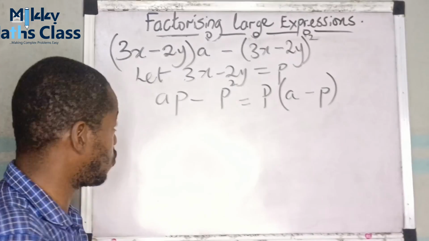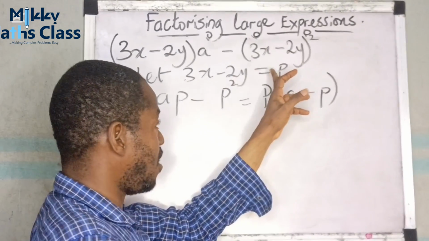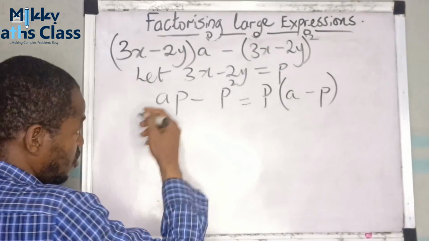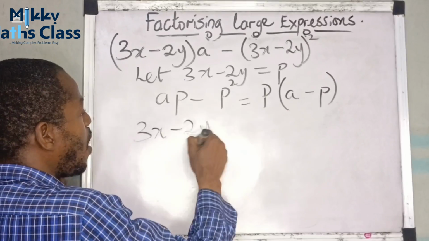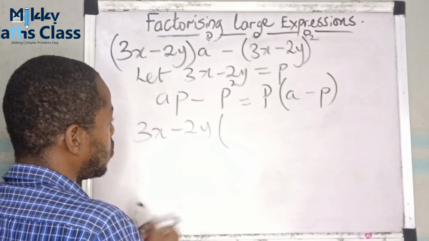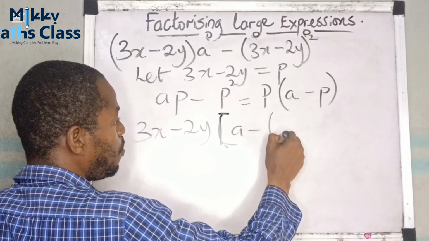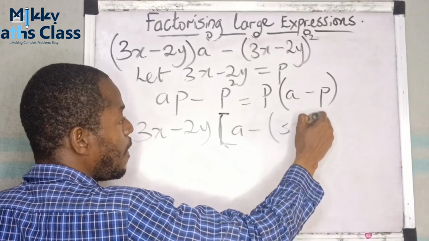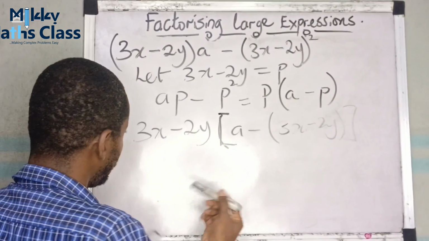Now let's replace 3x minus 2y that we said let it be equal to p. So wherever we see p, we'll put 3x minus 2y. So this becomes 3x minus 2y into bracket a minus, open bracket, wherever we see p, we put 3x minus 2y, close the bracket. So from here, we are pretty much done.